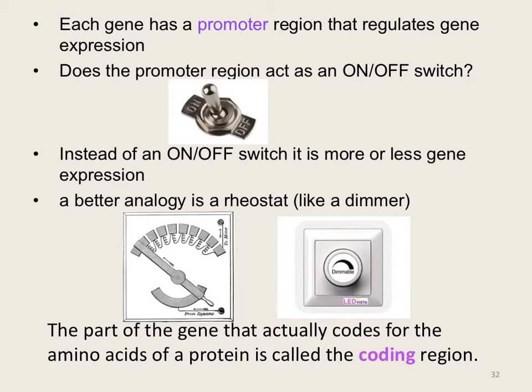Instead of an on-off switch, it's more like that. The part of the gene that actually codes for the amino acids is called the coding region. The promoter region is the part that regulates how much coding is going on. As it turns out, it's not always upstream.